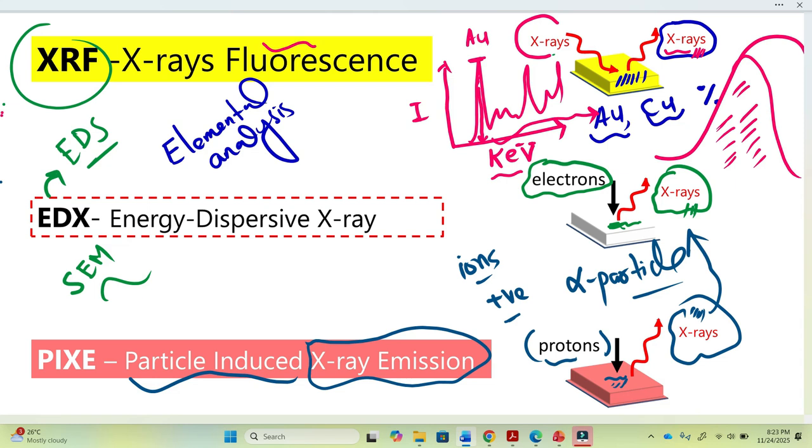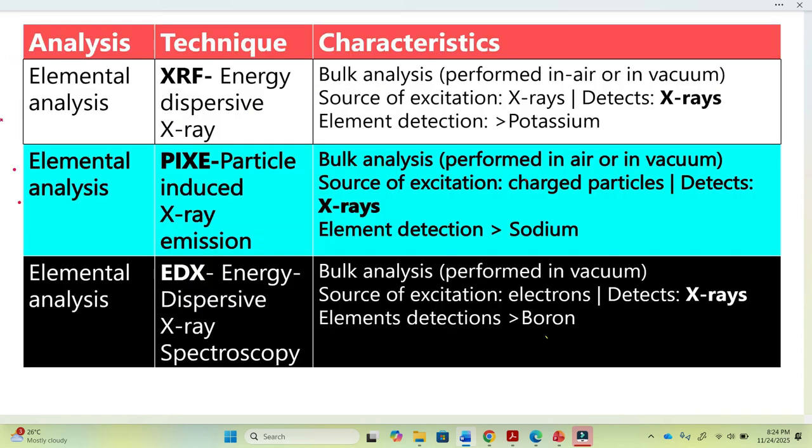Now what is basically the difference? Why do we use one technique, why don't we use another? Now let's compare their characteristics. The first one is basically XRF. It is used for bulk analysis. We know one is a thin sample and another is a bulk sample.